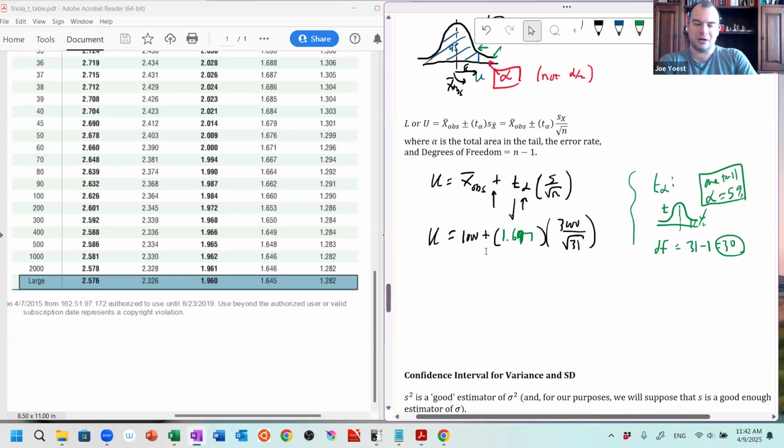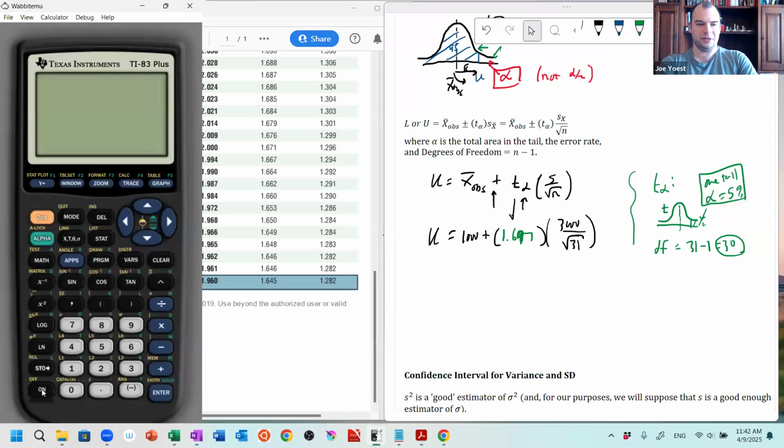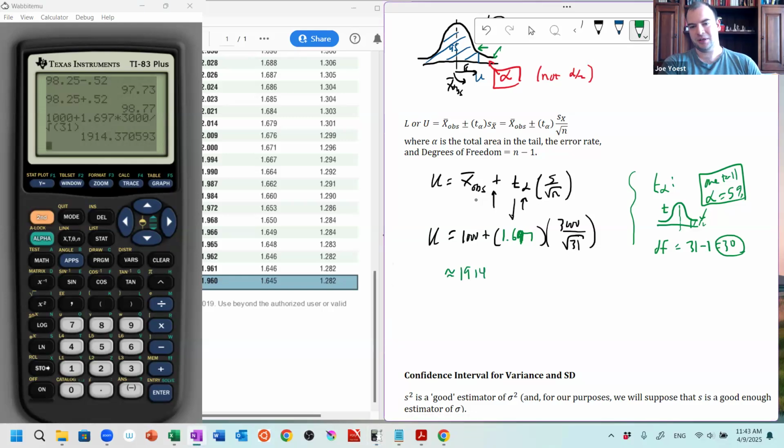Okay. But for our one-sided confidence interval, we just need to plug this into our calculator. So 1,000 plus 1.697 times 3,000 over, not times, over, square root of 31. I get all that in there, right? That looks good. And that is 1914 or so. So that's about 1,914 for the upper bound.